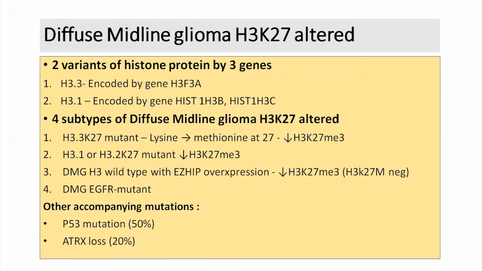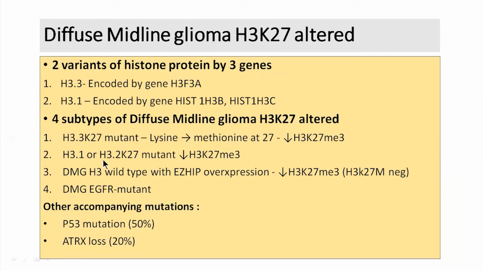This ultimately leads to reduced PRC2 expression, and this ultimately leads to decreased expression of H3K27me3. So in normal cells, its expression is retained, while in the internal endothelial cells, where the mutation does not happen, H3K27M was negative, as a negative internal control.